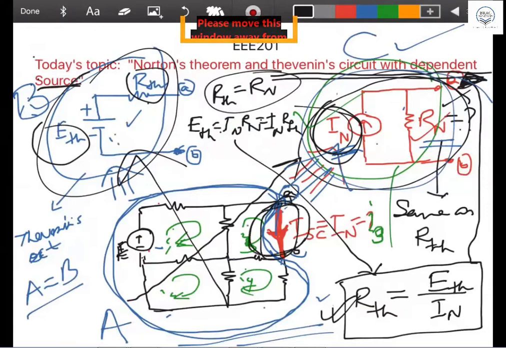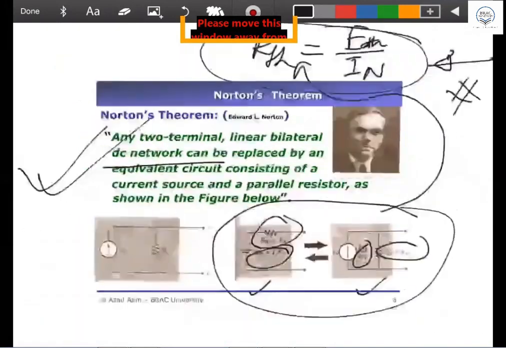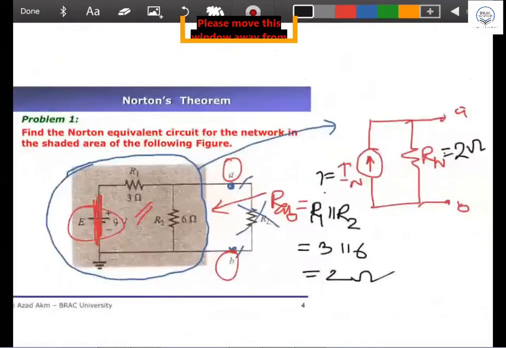Short circuit, sir. Because for the Thevenin equivalent you found E Thevenin from the open circuit voltage, EAB. Now, in the Norton case, you have to short it and find the short circuit current, that is IN. So to find the IN, you have to short the terminal A and B. Got it now?